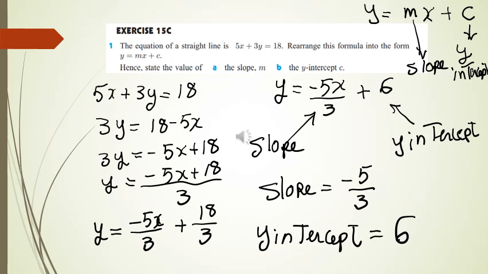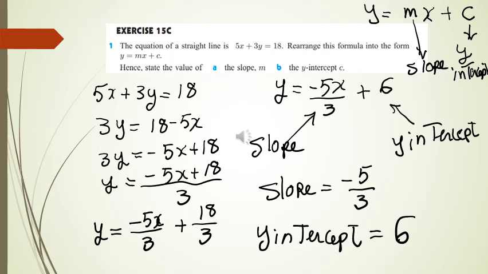Let's see our second example. Read it carefully please. It's 5x plus 3y equals 18. That is the equation of a straight line in standard form.